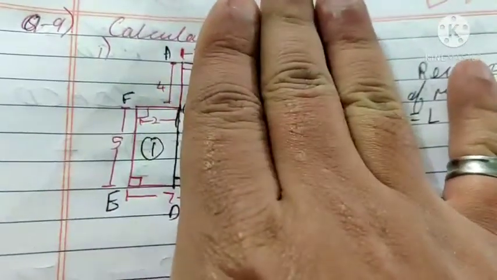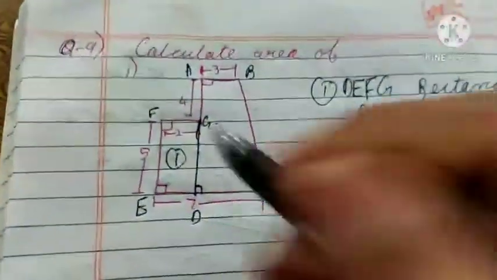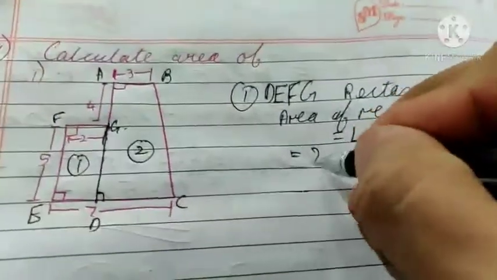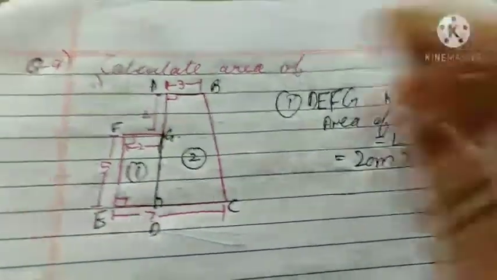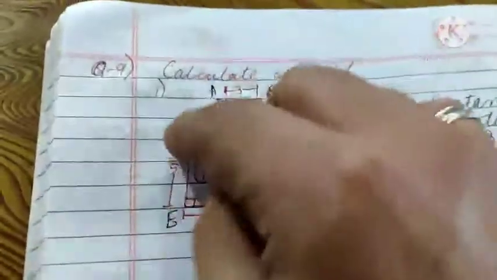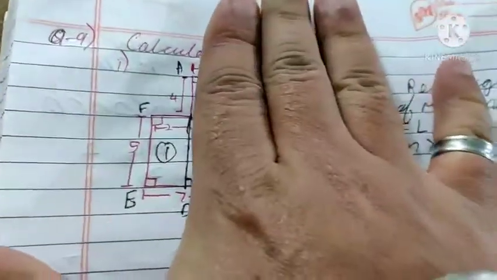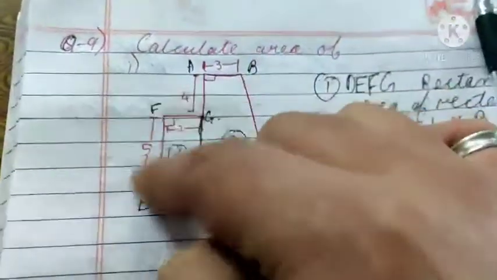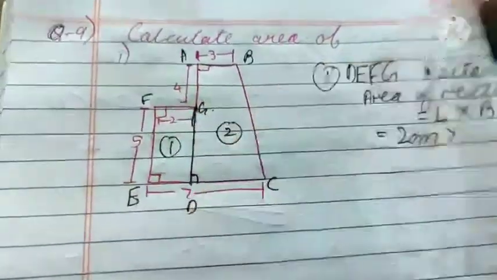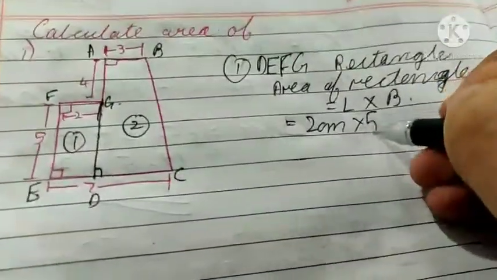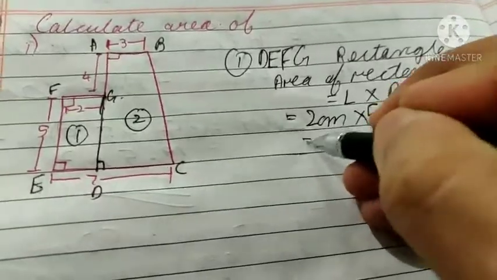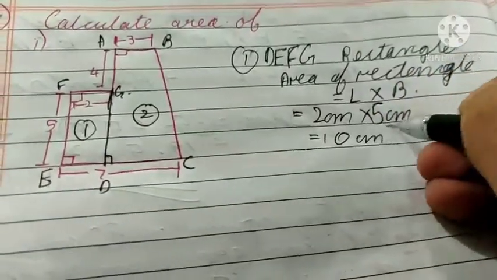This ED or FG are the same thing. This FG is given as 2 centimeter. So length is 2 centimeter, and breadth means this side. This side is 5, so this will also be 5. So breadth is 5 centimeters. So the area is 10 centimeter square.